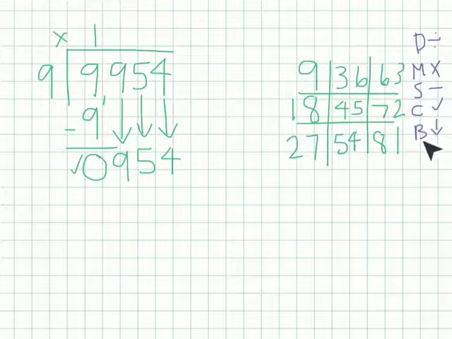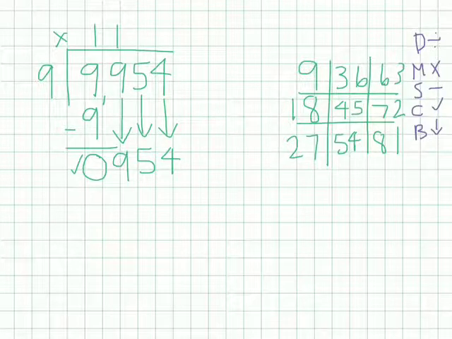And I've already brought down, so I need to repeat my steps because I still have numbers to divide. So I'll look at my first digit here. This first digit tells me that I need to divide 9 into 9 groups, and I can do that because we've done it already, and I know that I can divide 9 into 9 one time evenly. So I will put a 1 up in here.